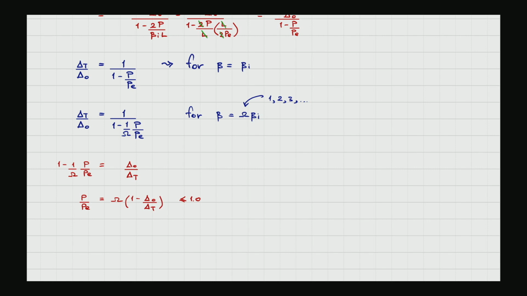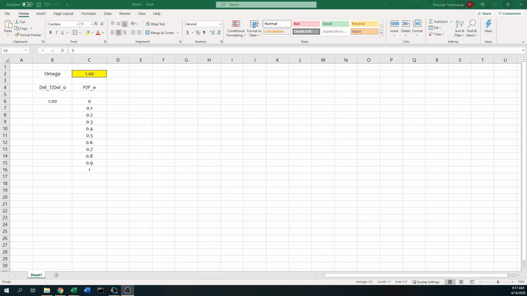So I will switch it back to Microsoft Excel. It is possible to do it this way, but the thing is that when you reach 1.0, you cannot go further. So the formula has to be from here, and it will be increasing to, I'm going to make it like 1.1, 1.2, like this.